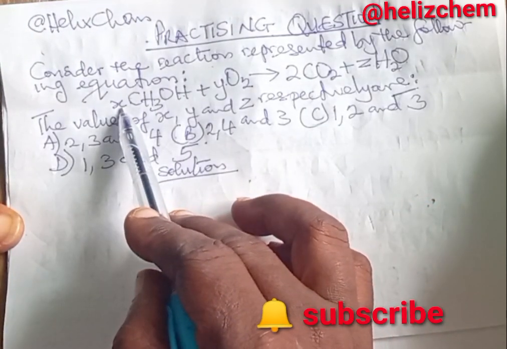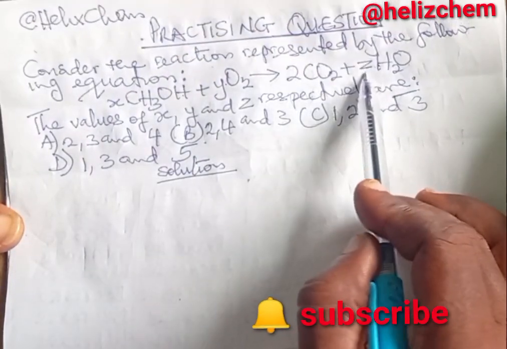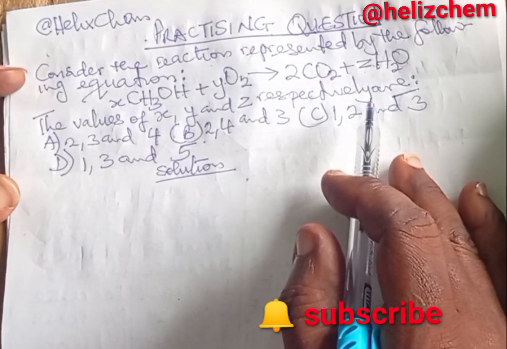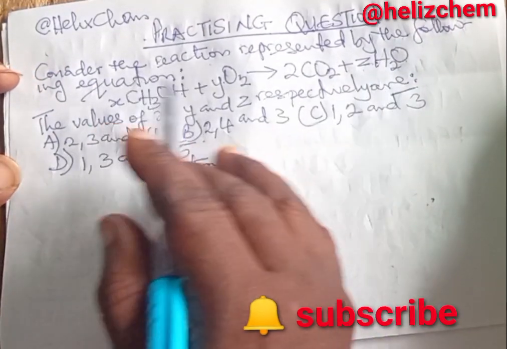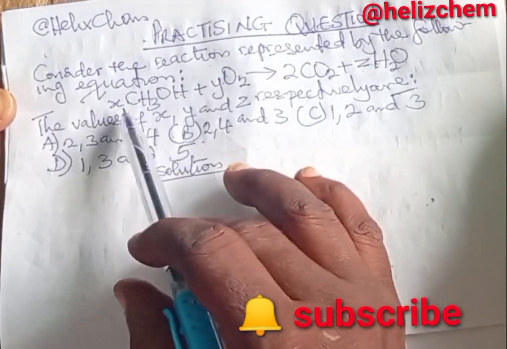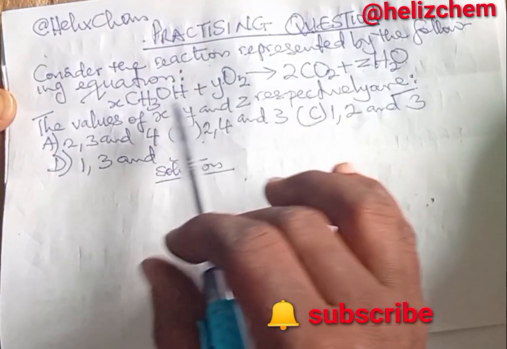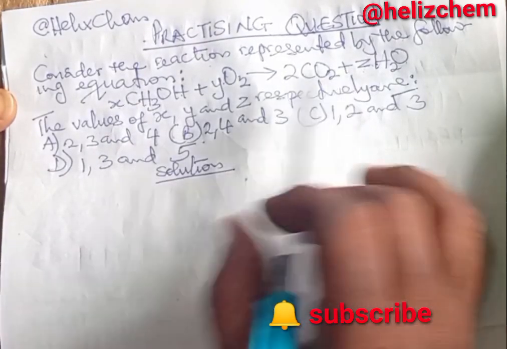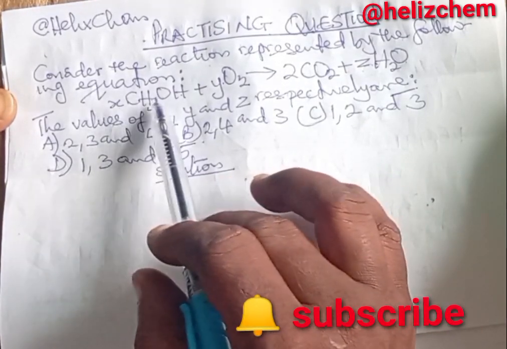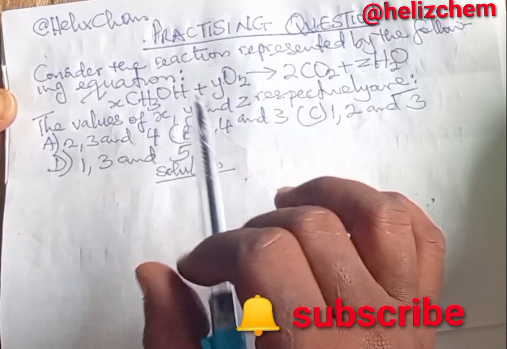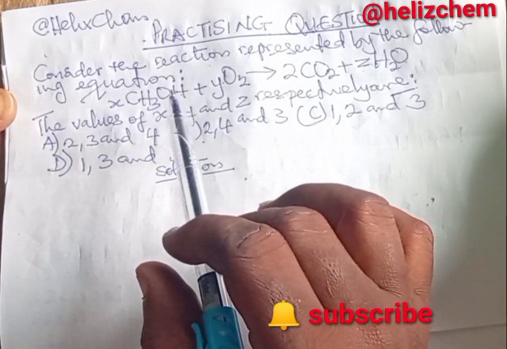Like this x, y, z, they are referred to as coefficients. And what they do in equation is that they multiply. They are multipliers. They multiply the number of atoms in front of which they are written.